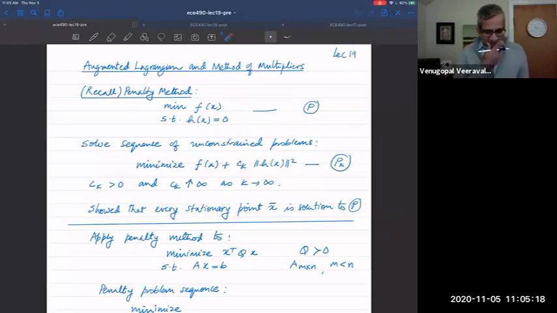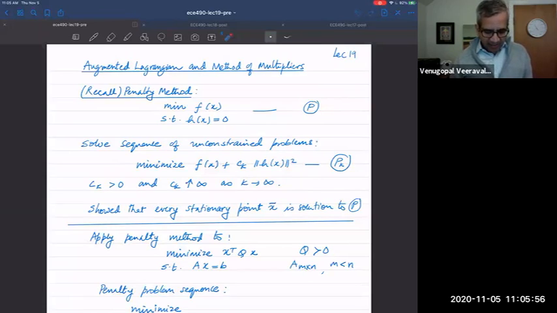So we're looking at minimizing this function with equality constraints, h(x) equal to 0. We saw before that we could solve this problem by solving a sequence of unconstrained optimization problems, by adding a penalty. The penalty basically makes this large whenever the constraint is violated. As you let ck go to infinity, you're adding a larger and larger penalty for violation.